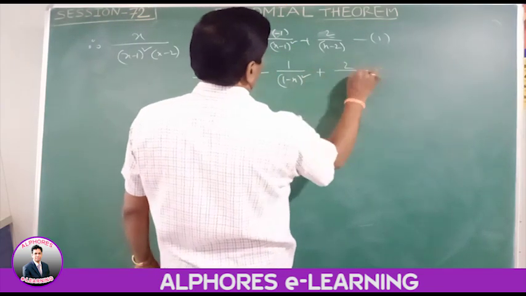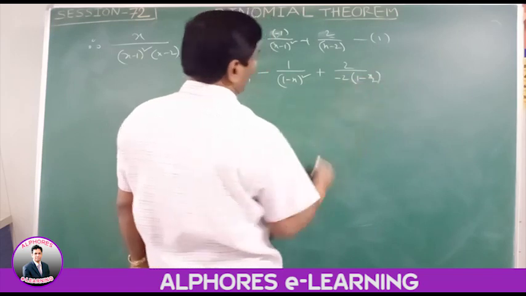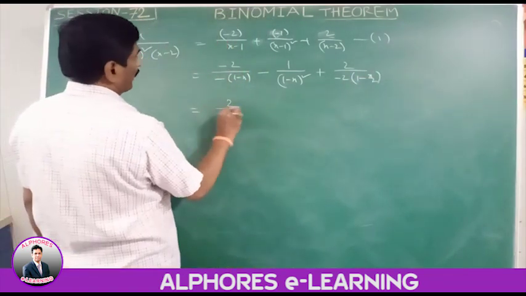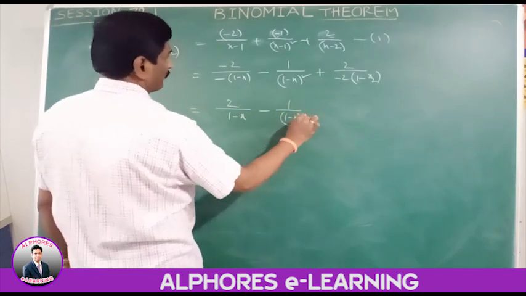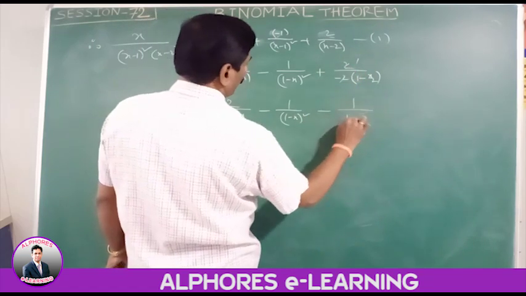Plus 2 by minus 2 of (1 minus x by 2). That is equal to minus minus cancel, 2 by (1 minus x), here minus 1 by (1 minus x) whole square, here the 2s cancel, that means minus 1 by (1 minus x by 2).